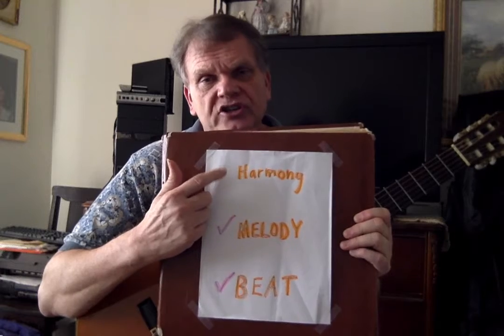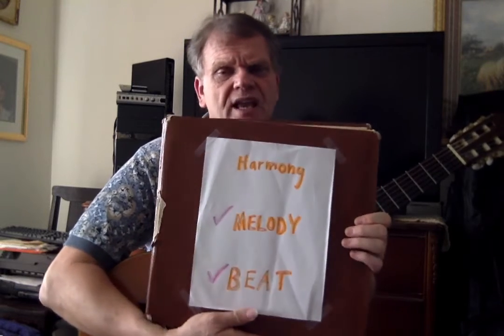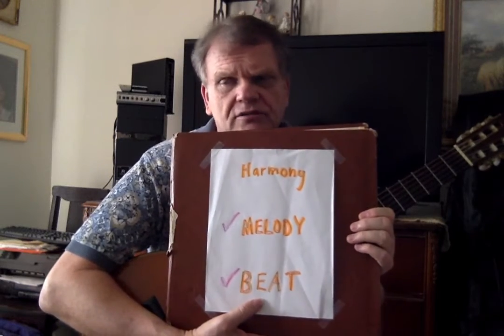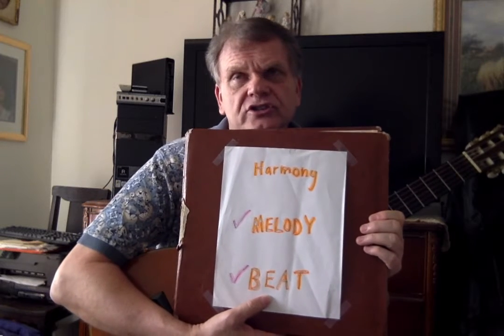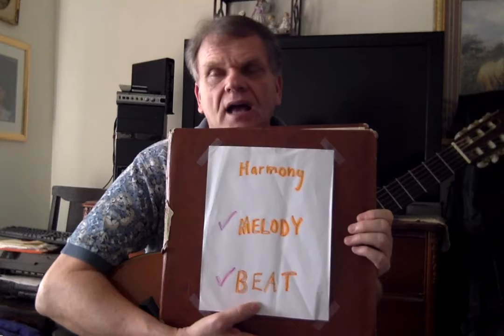Now we're going to switch our attention to harmony. And for now, we're going to talk about 2 different types. Well, first of all, a melody without harmony is what's called monophonic texture. Mono means one. It's a melody by itself.